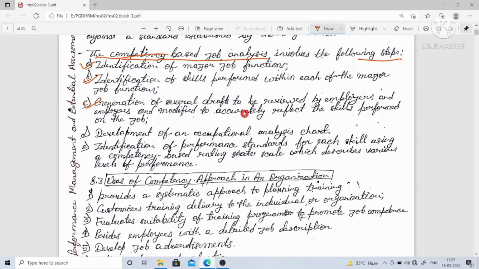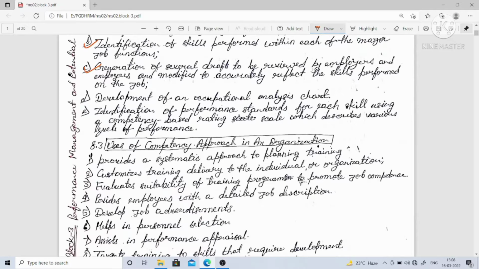Whatever different drafts are there in that particular job function should be reviewed and modified accurately to reflect the different kinds of skills required or performed on the job.